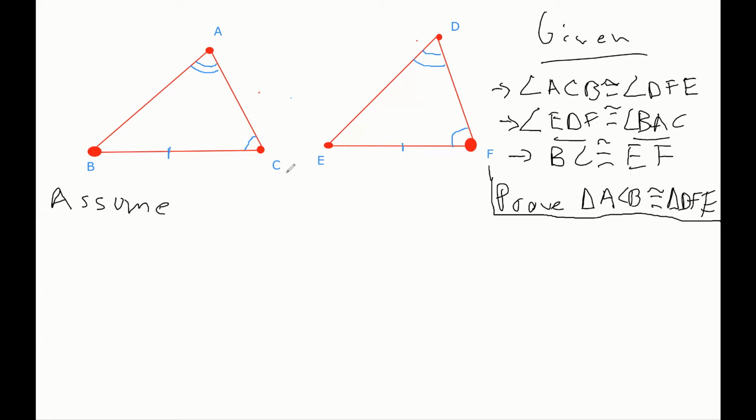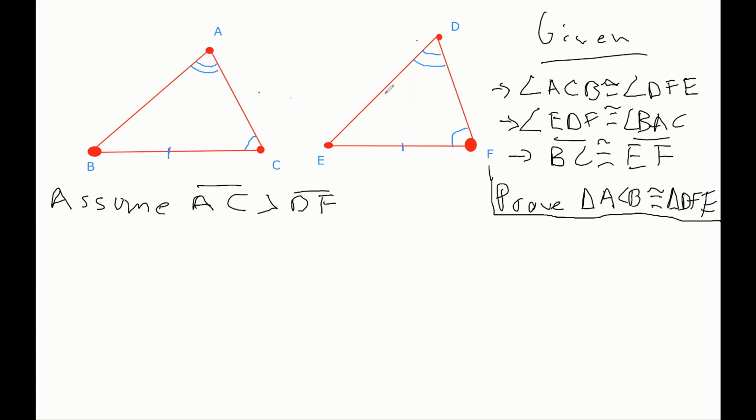We want to assume that one of the sides, since they're not congruent, the side length of AC is actually greater than the length of DF. Basically we're just picking one of these sides to be greater.